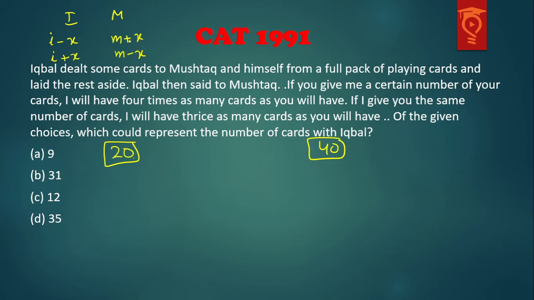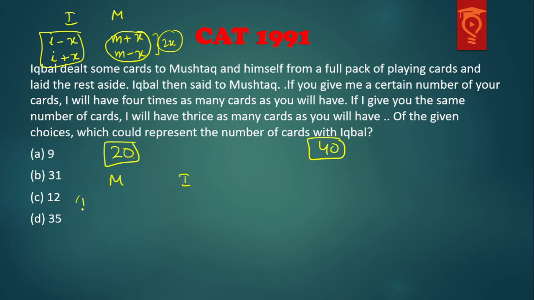So the difference between these two numbers, whether you take Iqbal's cards or Mushtaq's cards, is going to be 2x. First you gave away x cards, then you received x cards, so the difference between your two numbers must be an even number, a multiple of 2.